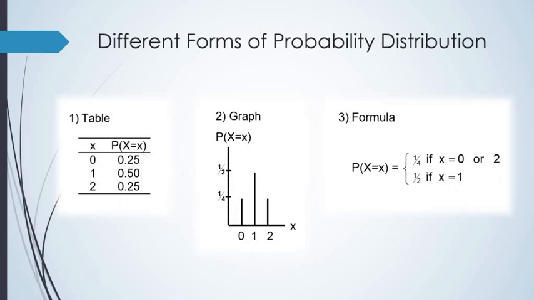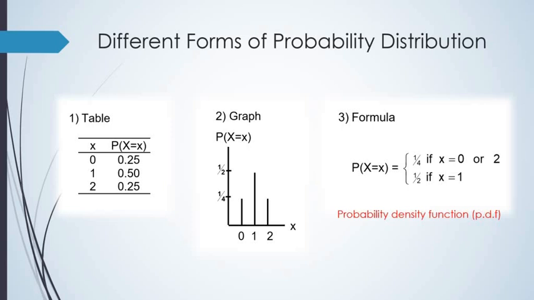The most common forms that you will encounter in our course are the table form and formula form. Probability distribution in formula form is also called a probability density function, or in short, PDF.